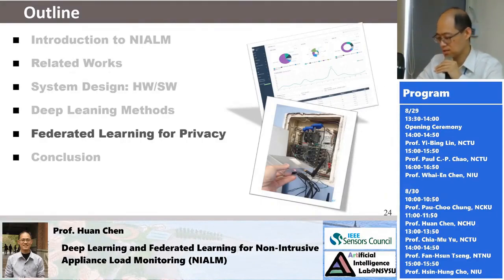Federated Learning is a good way where you don't have to upload the real data. You only upload the model, and that is enough to collaborate on the training. So it's a good way to deal with the privacy issue for deep learning.